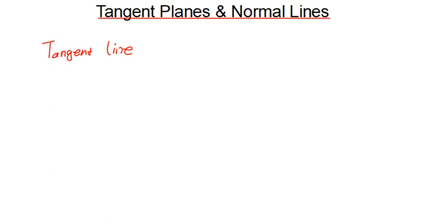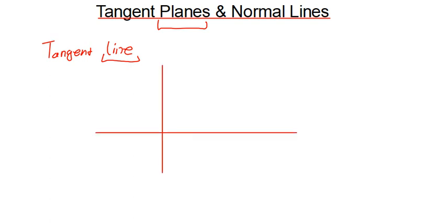Okay, so the difference is that under multivariable functions, we're not talking about a tangent line. You're talking about a tangent plane. So it's more like, let's say you have a surface, something like that.